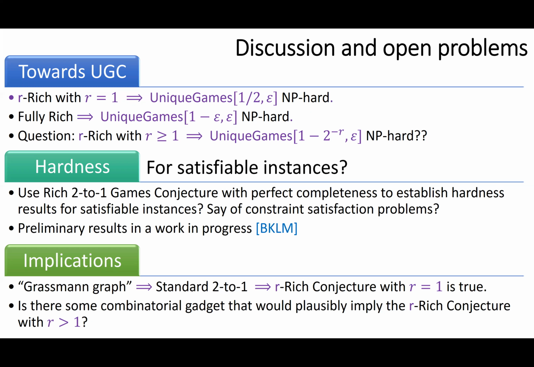And it's interesting to ask whether there is some combinatorial gadget that would plausibly imply hardness of R-rich games with R greater than 1. Even if it's only a candidate, it would be very interesting to know. And I think that if we come up with something like that, then it will lead to further progress on all of this direction. So I hope that you enjoyed this talk, and thank you very much.